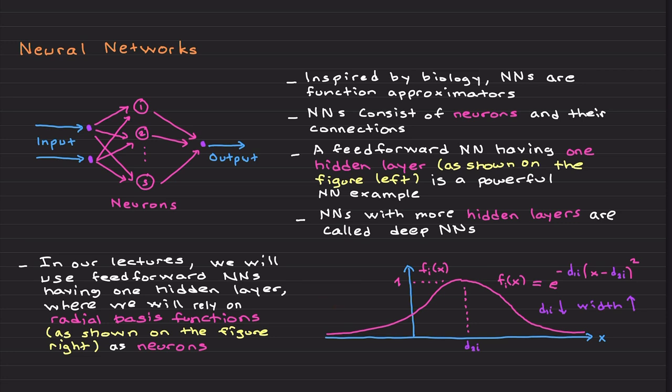You have two parameters to consider: d_i is its center, and c_i its width. If you make it small, its width increases like that, and if you select it larger, it becomes narrower.